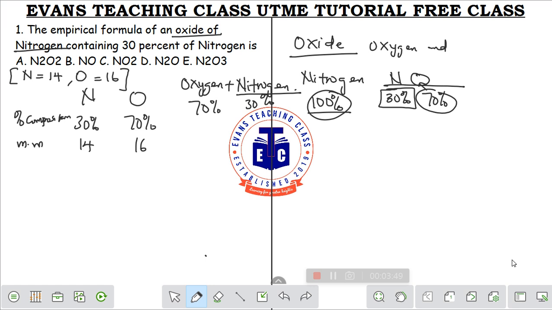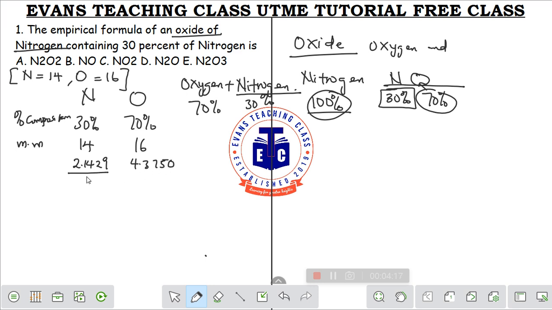So let's quickly do that. 30 divided by 14 is 2.1429. I prefer 4 decimal places, so use whatever you like. 70 divided by 16 is 4.375.